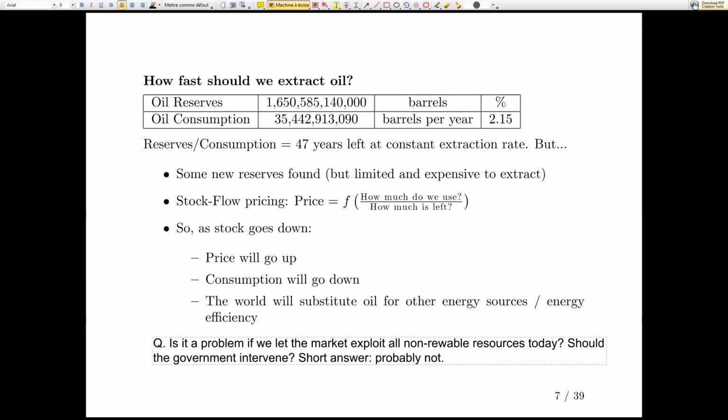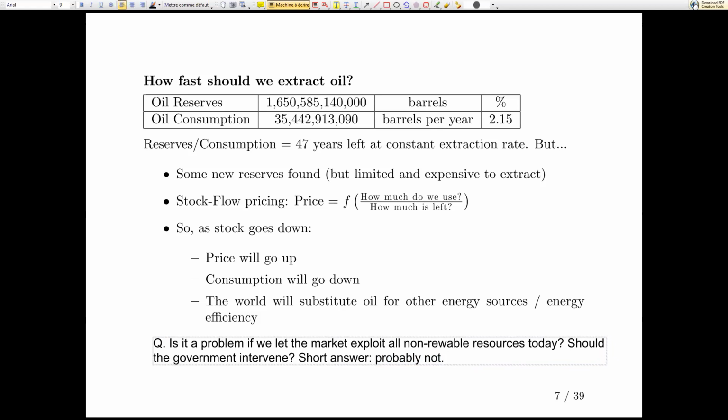If you think about it, imagine that we know for a fact that in 50 years, oil is going to have some magical property that's going to cure cancer and create eternal happiness for everybody. So in 50 years, oil is going to be the most precious thing we can ever hope for.